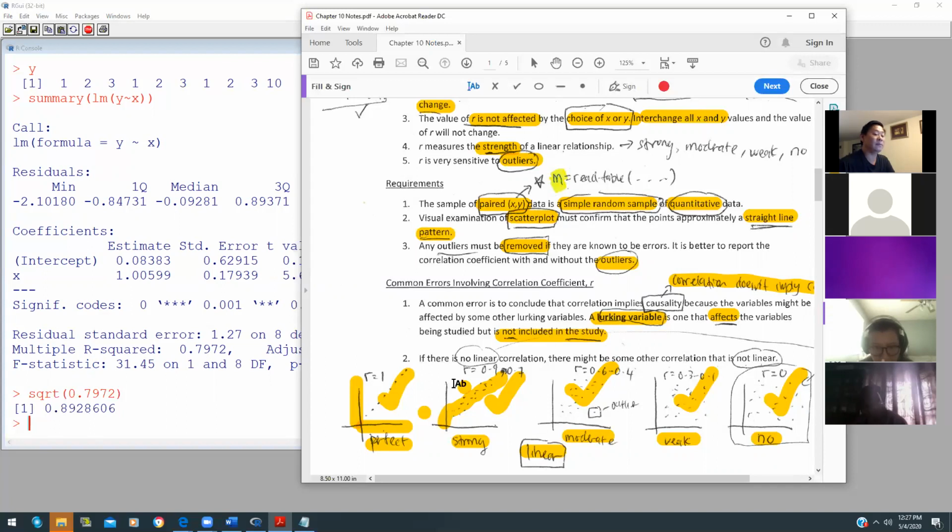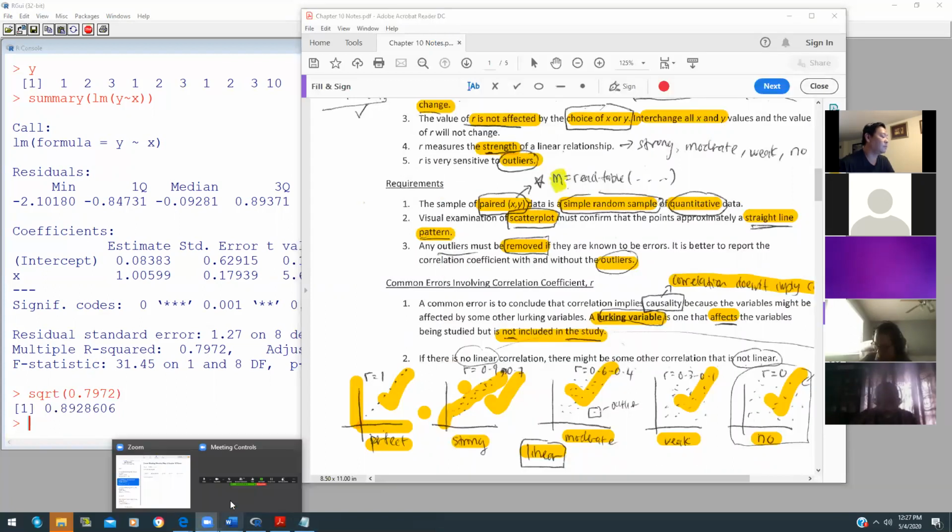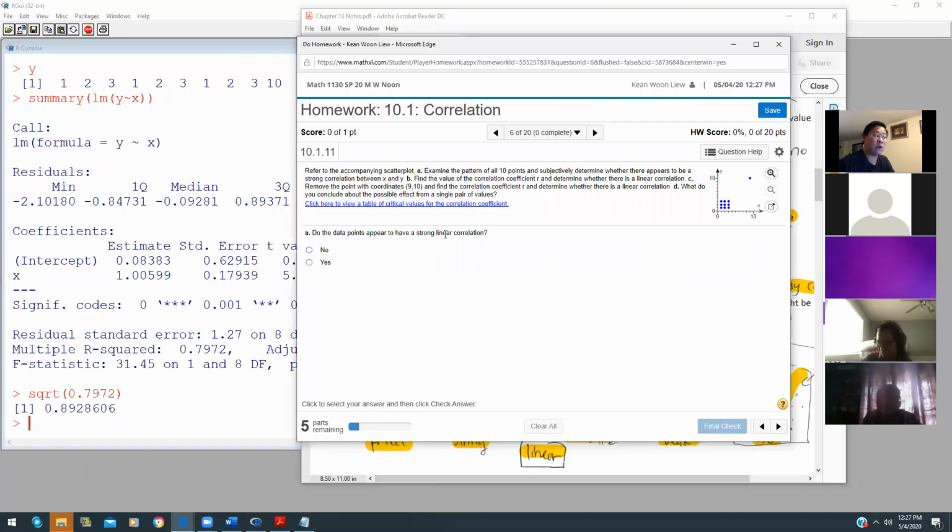This one, right? And what do we call that: weak, moderate, strong, perfect? Anyone? That's strong. Yes, this is strong because your R is between 0.7 and 0.9. So what is the question asking us? Do we have a strong linear correlation? The answer in this case is yes, we have a strong one.